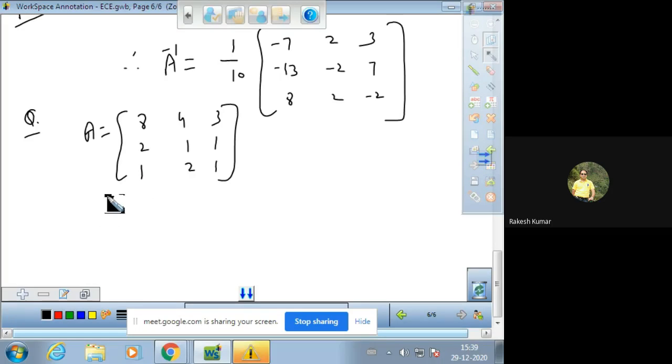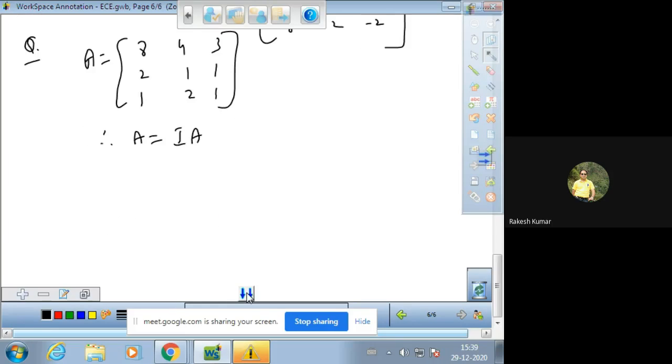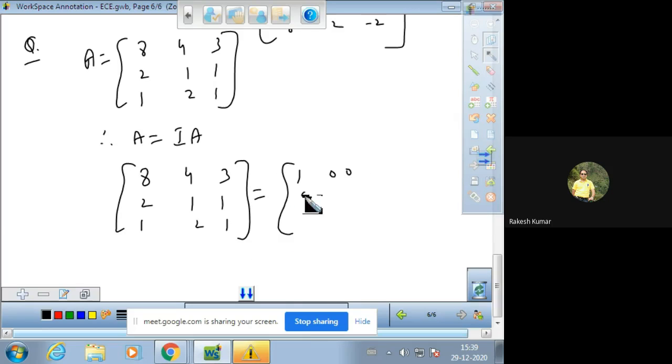So for this, you just write A equals I into A, and use the value of A here, that is 8, 4, 3, 2, 1, 1, 1, 2, 1, and on the right hand side 1 0 0, 0 1 0, 0 0 1 into A matrix.